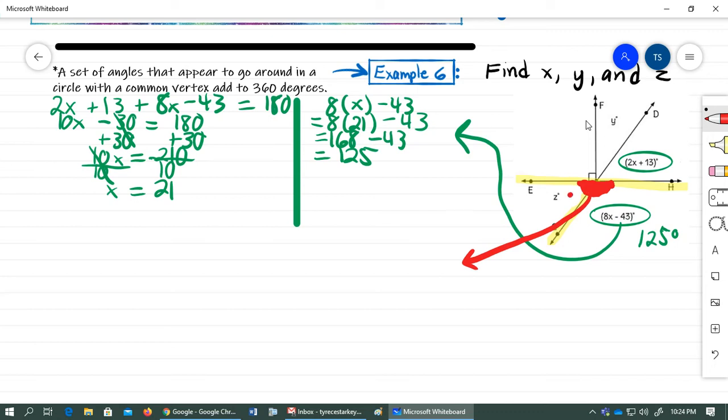All right, so again, these two angles here add to 180 degrees. One of them is Z, and the other one we just found was 125. Those two angles are supposed to add to 180 degrees.